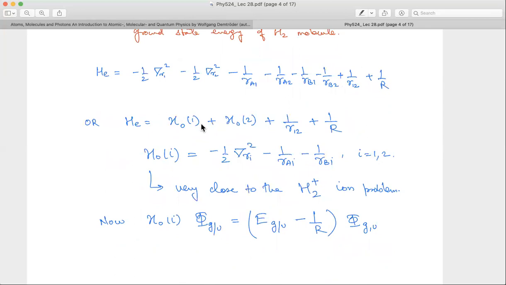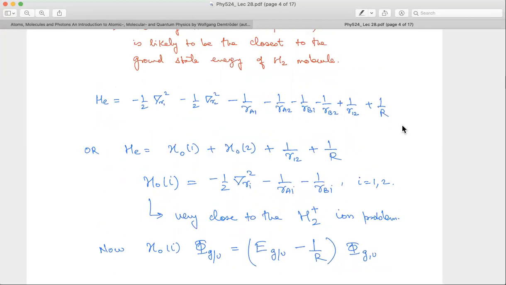So here, this is the full Hamiltonian. Now there are two electronic kinetic energies, because there are two electrons now. So del squared R1, del squared R2, and now the electronic potentials are many.